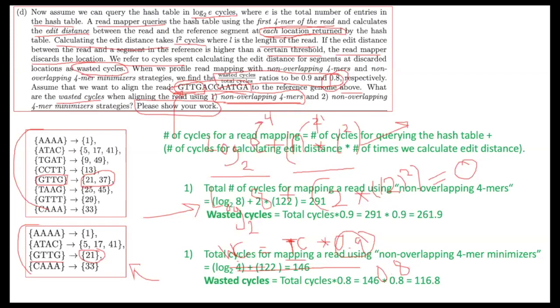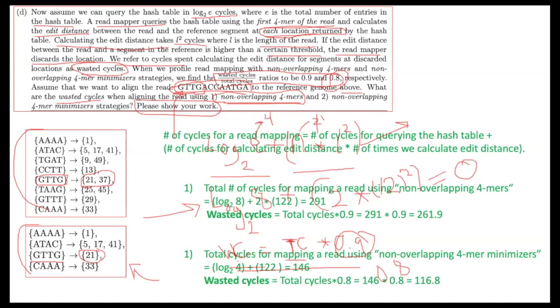That means we have a more time-efficient process with the minimizer, because apparently you can see here the hash table is smaller. So we have fewer entries in the hash table and fewer locations.